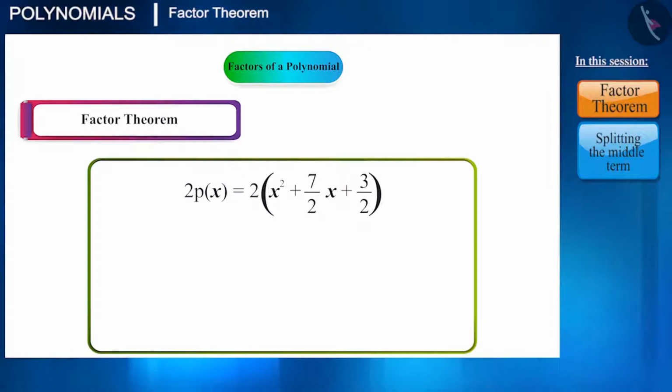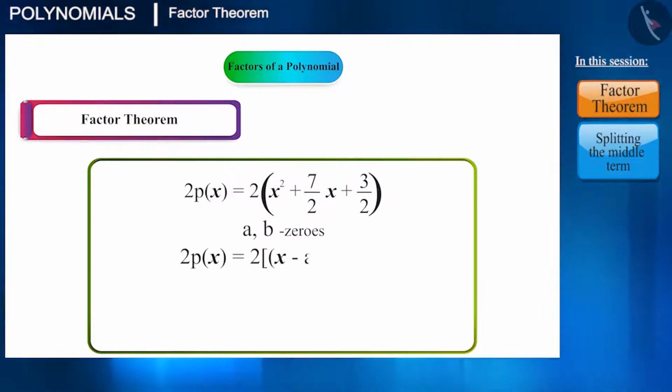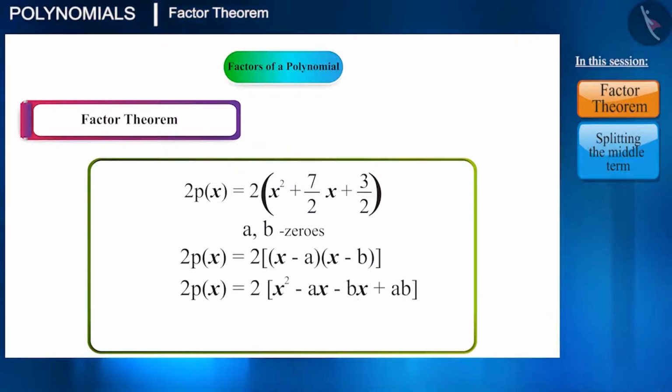And suppose a and b are its 2 zeros, then you can write this polynomial in terms of factors as 2p of x is equal to 2 of x minus a of x minus b. And here, you can see that the constant is ab. That is, for this polynomial, ab is 3 by 2.